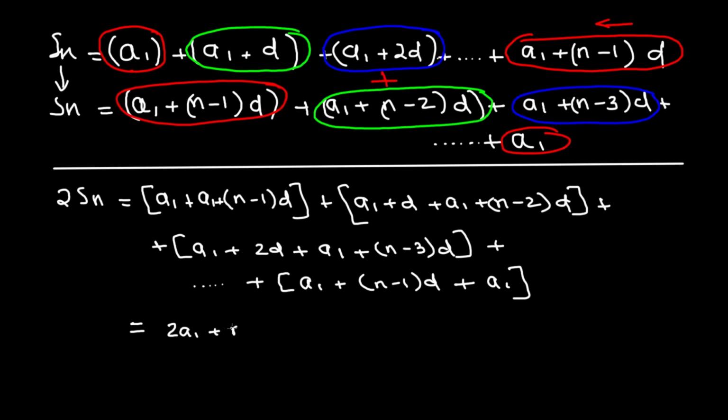Then we're going to have n minus 1 d, like that. That's the first one. The second one, we're going to simplify it as well. So this is going to be 2a1, let's put it in brackets, 2a1 like that. Then this is going to be 2a1.